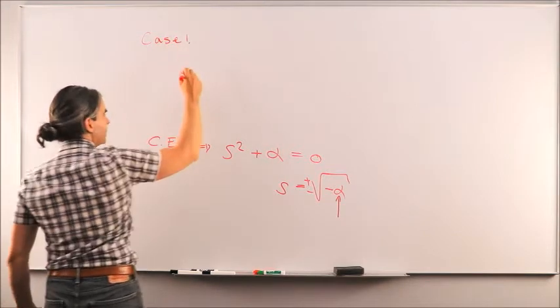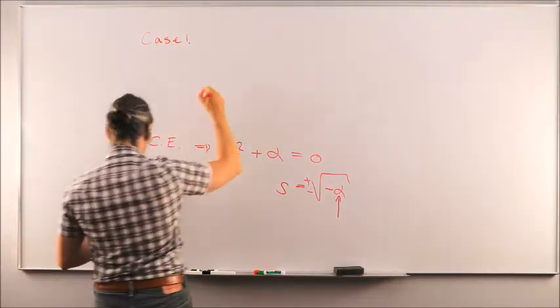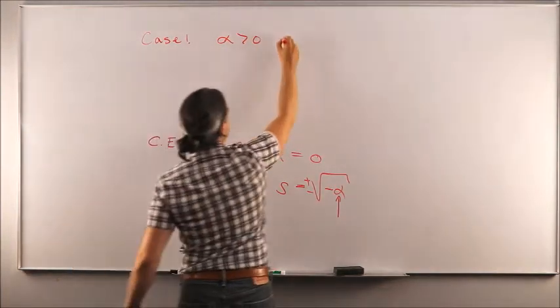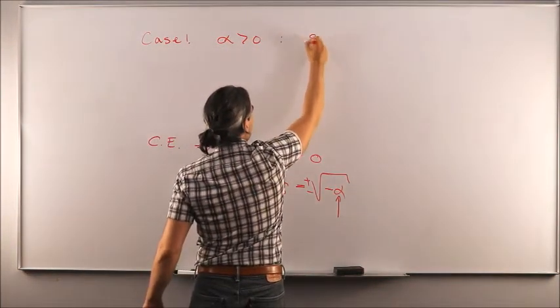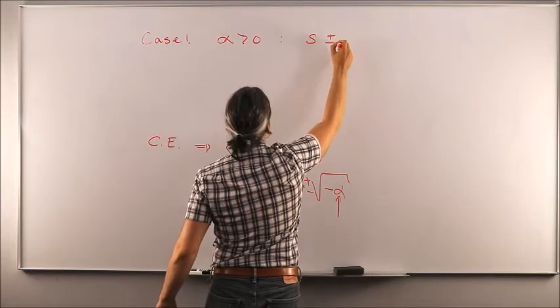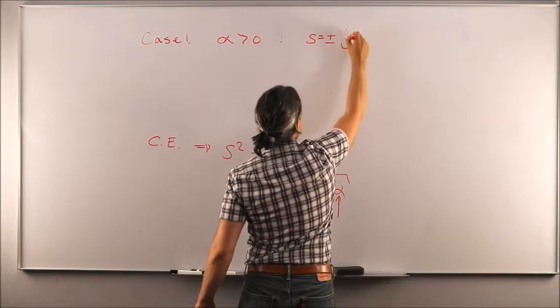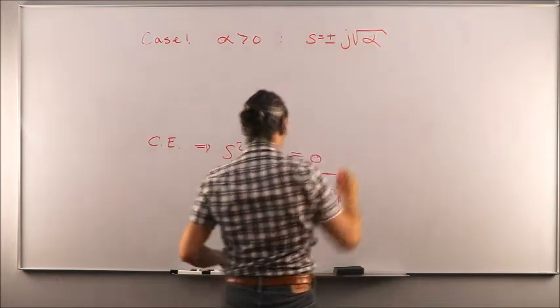Case one is whenever alpha is larger than 0, such that the pole locations end up at plus or minus j square root of alpha.